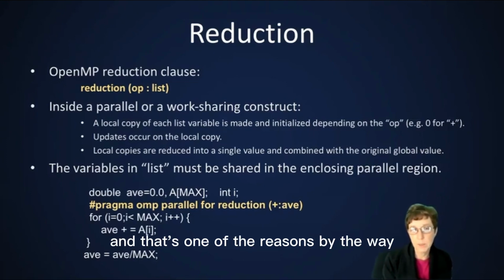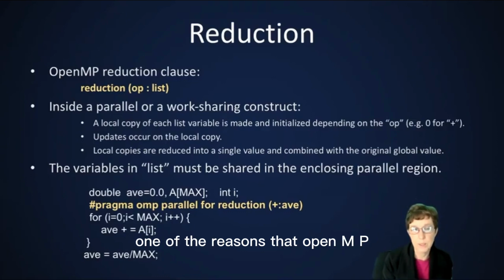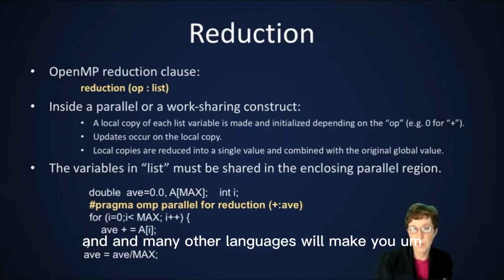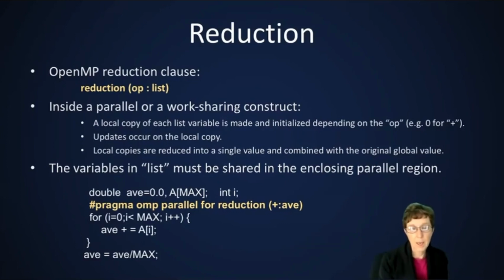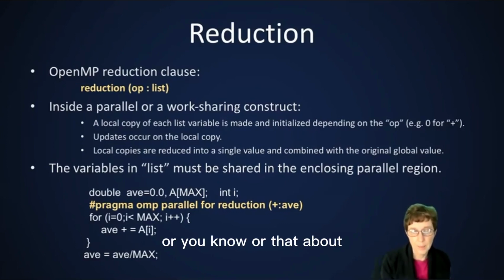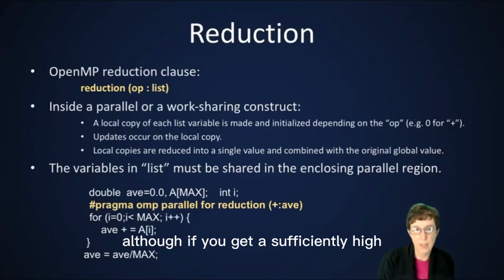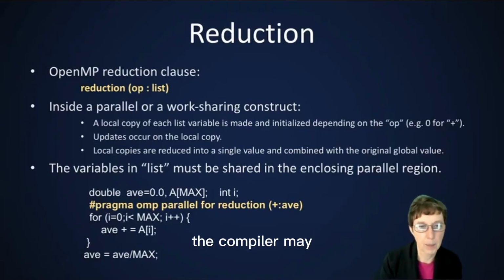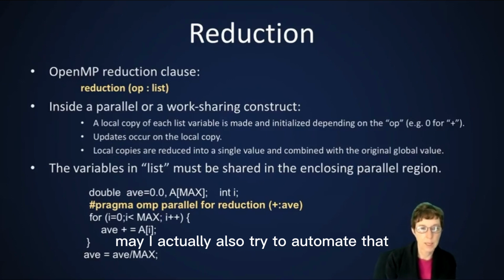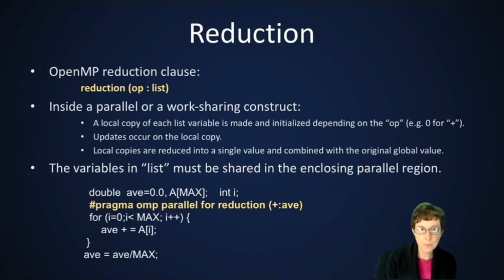And that's one of the reasons, by the way, that OpenMP and many other languages will make you say something about the fact that it's safe to do this operation as a reduction, and the compiler won't automatically do that for you. Although if you get a sufficiently high level of optimizations turned on, the compiler may actually try to automate that, as we saw in vectorization.